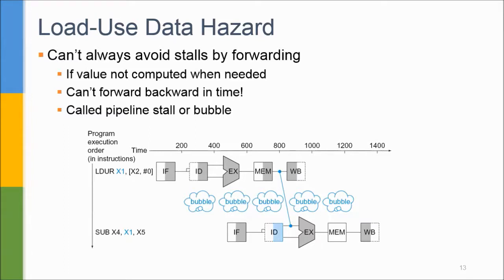For example, suppose the first instruction was a load of x1 instead of an add instruction, then the desired data would be available only after the fourth stage of the first instruction in the dependency, which is too late for the input of the third stage of a subtraction instruction.